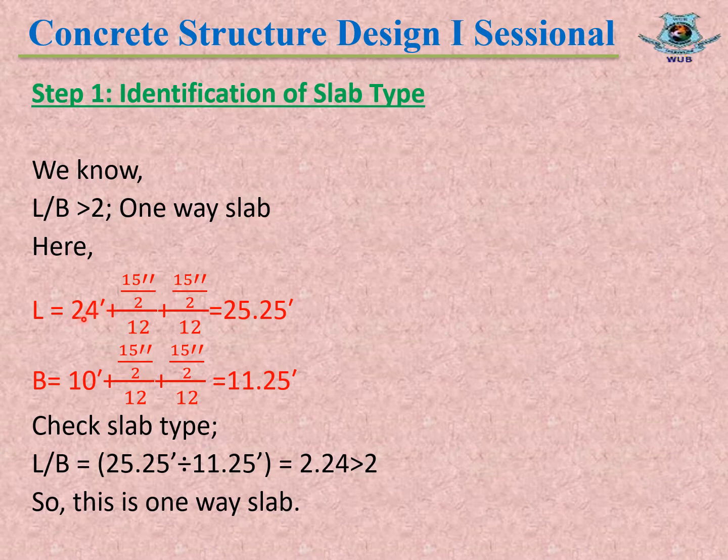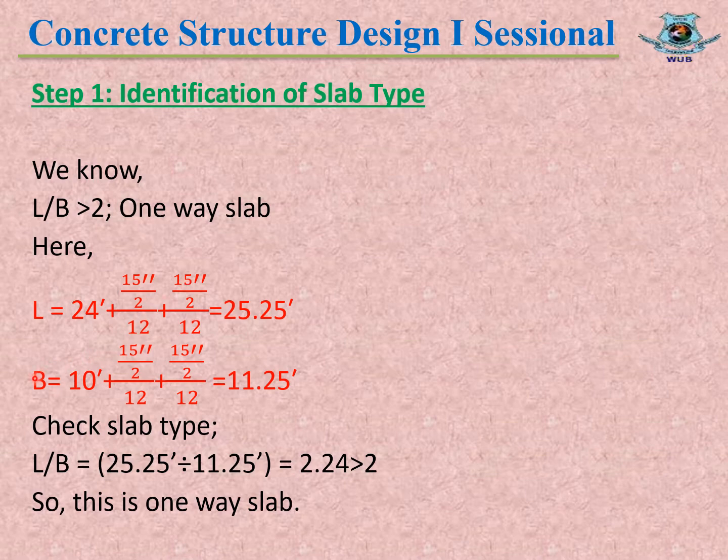Here, 24 feet equal to clear span. 15 by 2 inch equal to half of the column length and it is converted into feet by dividing by 12. For two columns, 15 by 2 inch is used 2 times.